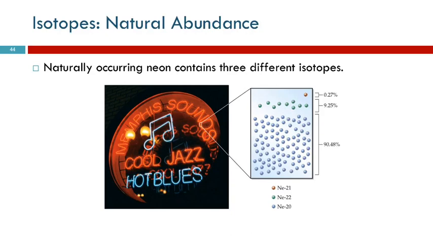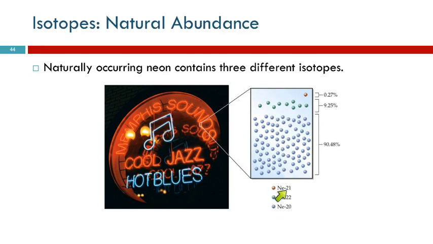So in that large sample of atoms, you're going to have the different isotopes, but it's not split evenly. It's not 1/3 neon 20 and 1/3 neon 21. There is a natural abundance. For neon, 90.48% is neon 20. That's the most common one.